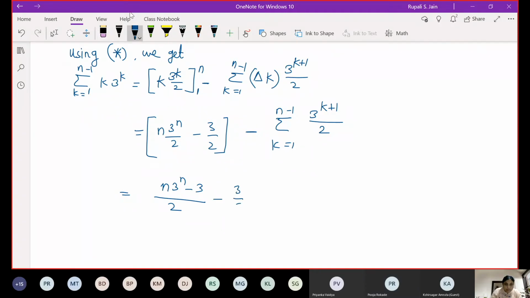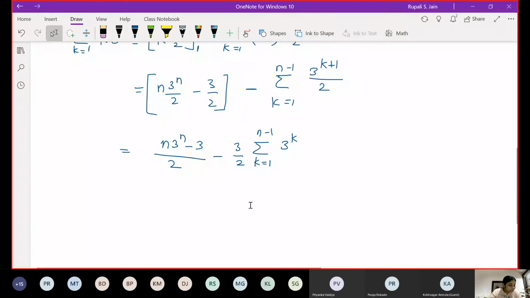Minus 3 by 2 summation k equal to 1 to n minus 1 of 3 raised to k. So what is the summation k equal to 1 to n minus 1 of 3 raised to k? What is this sum?